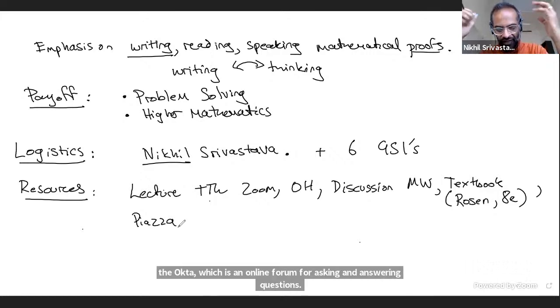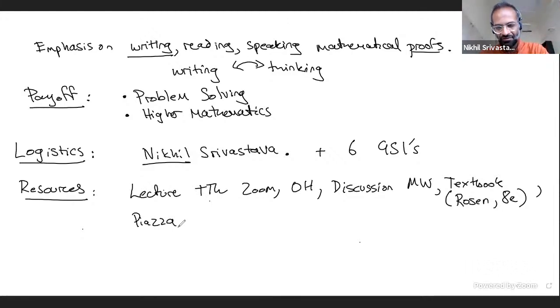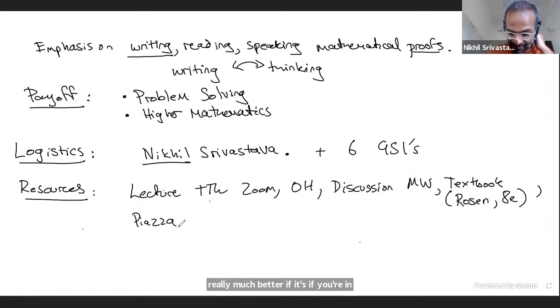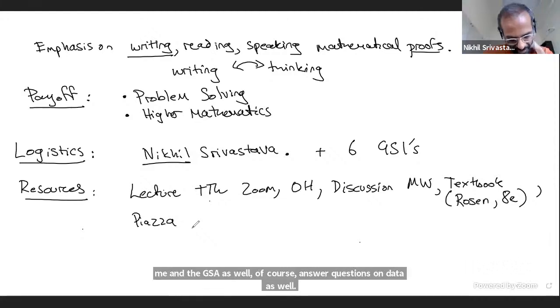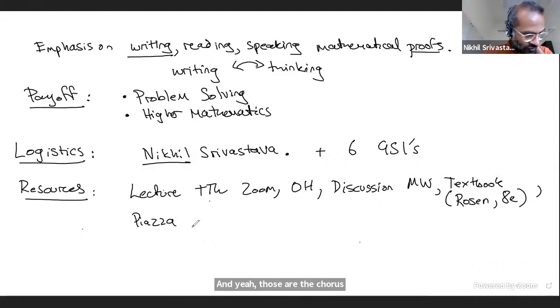Feel free to ask questions on that. I feel like the learning experience is much better if you're interacting with other people rather than doing it by yourself. The GSIs and I will of course answer questions on Piazza as well. And those are the course resources.